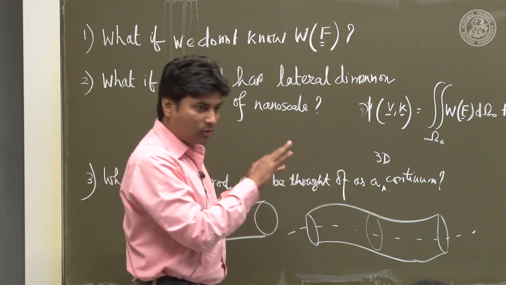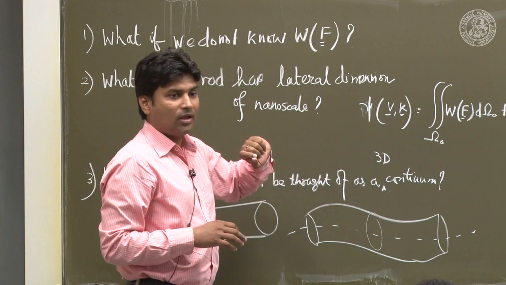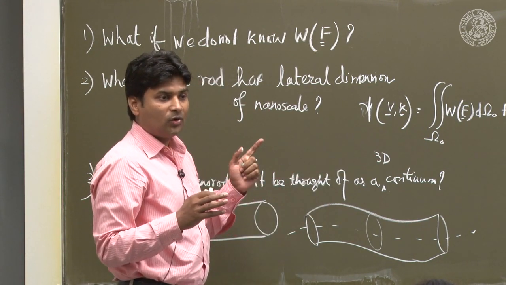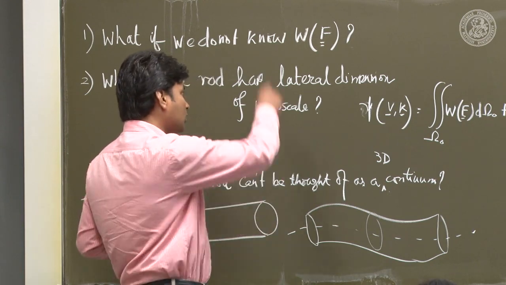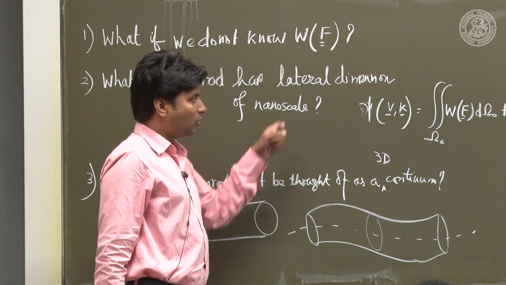Okay. So, that is what we are going to talk about, a direct approach to obtain this energy, and that direct approach would actually work for all the three cases. It will not be just limited to the third case, it will work for all the three cases.